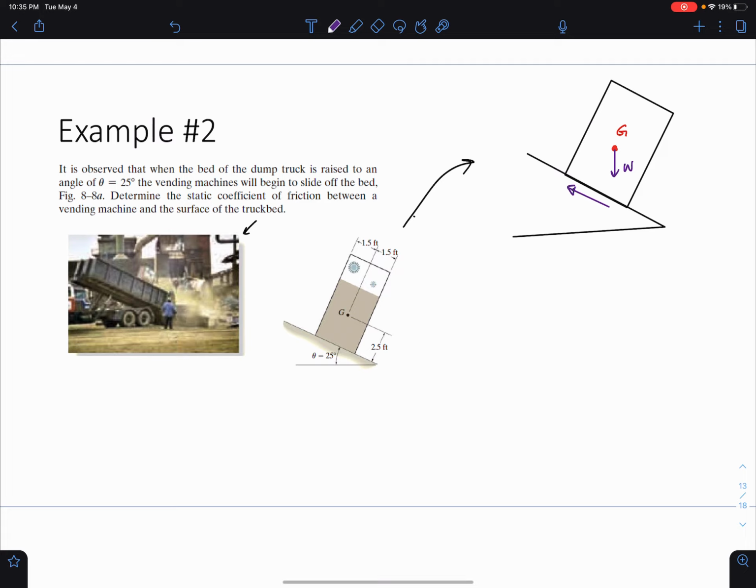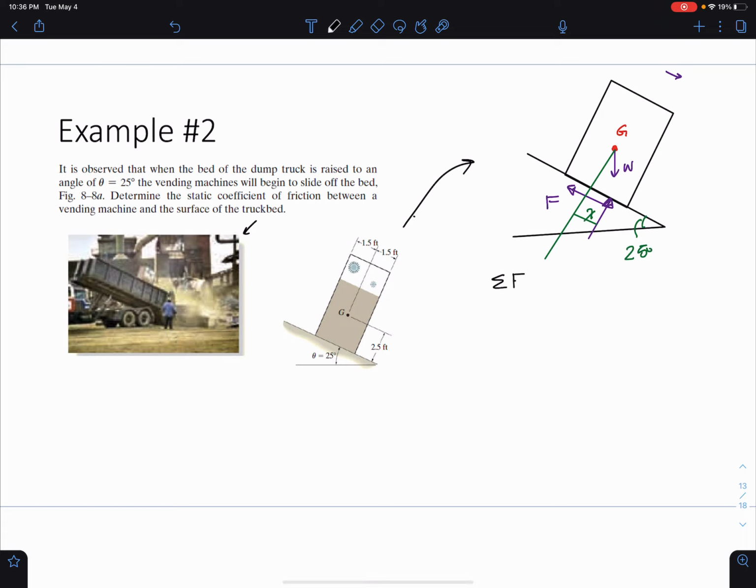Motion is going in this direction, so we know our friction force is going in this direction. And our normal force, of course, is perpendicular to the surface, and it acts at some point X away from the centroid. And we have a 25-degree angle. All right, so let's go ahead and start here.